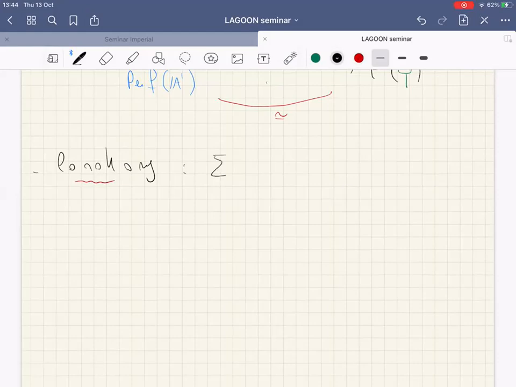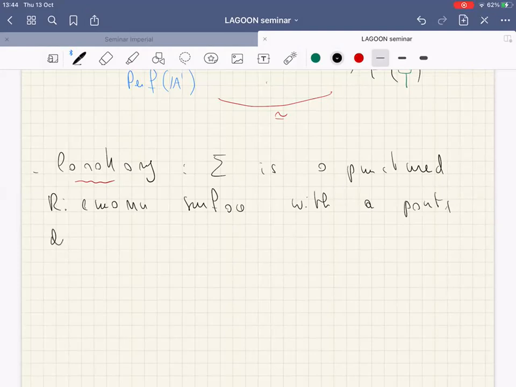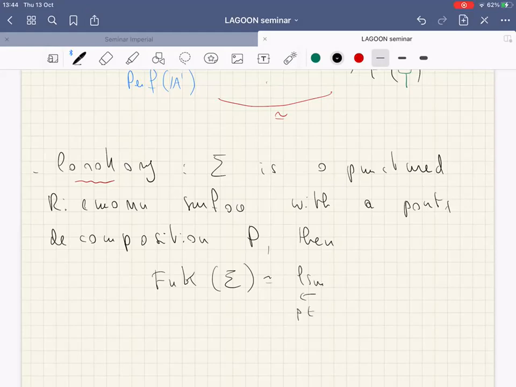If sigma is a punctured Riemann surface with a pants decomposition P, then the Fukaya category of sigma is a limit of the Fukaya category of the pants making up the decomposition of sigma.